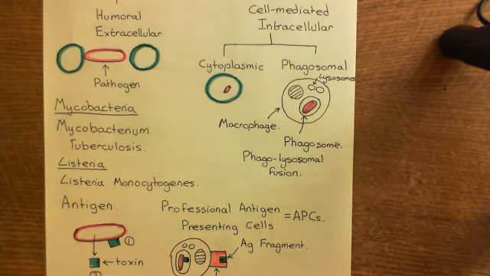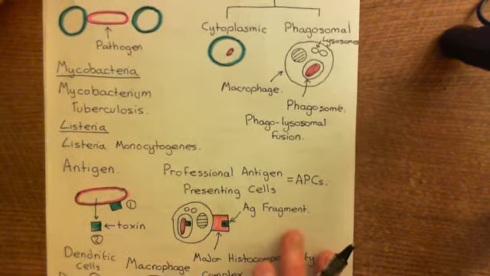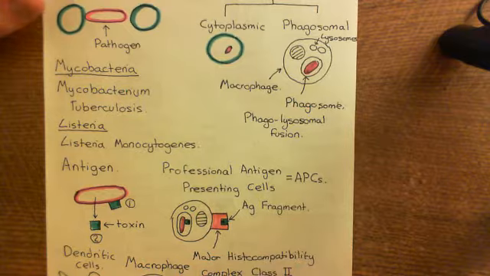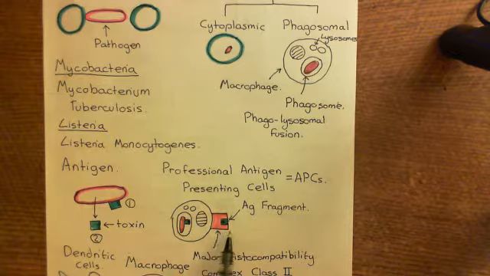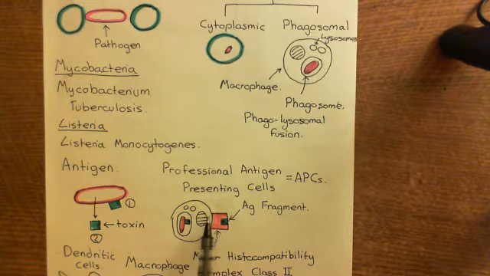Sometimes the cell will get the better of it, and some dendritic cells or macrophages will manage to break down their pathogen, or at least break down an antigen of the pathogen. They will then display these fragments on major histocompatibility class 2 molecules on the surface of the macrophage or dendritic cell.